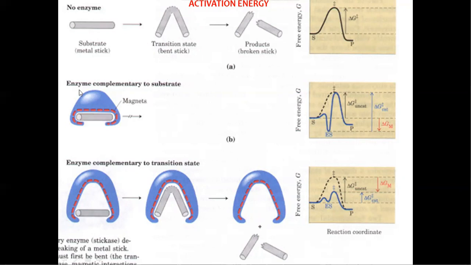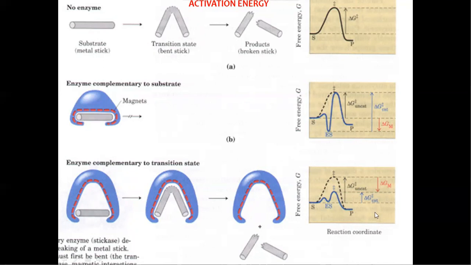But here the enzyme will be helping the substrate to reach the transition state and convert into products. So 50% of energy is consumed by the enzyme, and 50% of energy is consumed by the substrate. So substrate energy will be comparatively less compared with the uncatalyzed reaction.